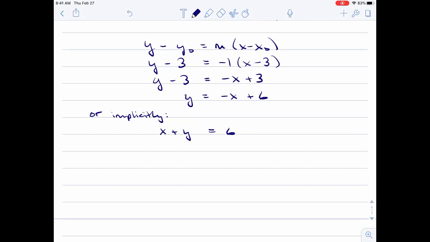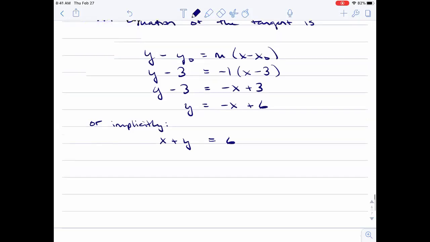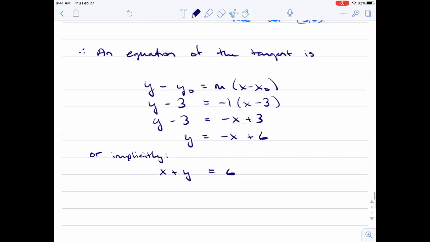But if we start with an implicit function, we just like to finish on an implicit function. So we just rearrange it, because then it'll be easier to see patterns if there are any. That's why we're rewriting it. But like I said, if you leave it at y equals -x plus 6, that's fine. So we found the equation of the tangent line.